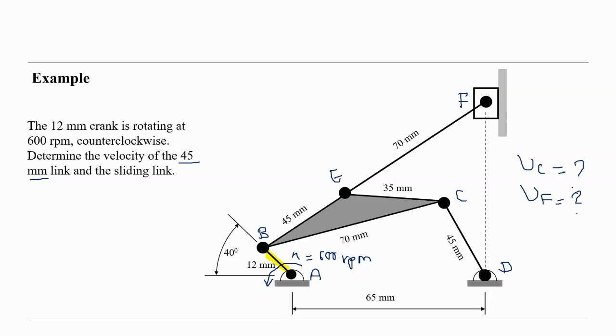So you have to determine that. This is also homework. You can do that. Of course, you can also calculate VC, VE, VF. VE is also a question mark, so you have to calculate that.